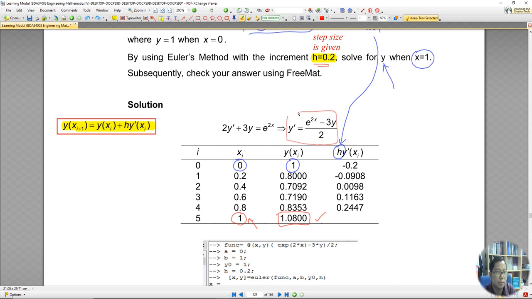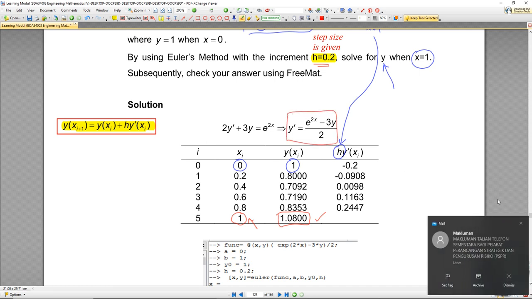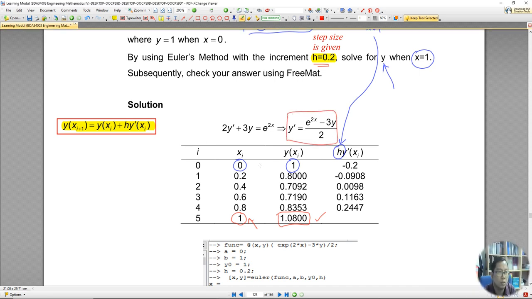From this equation, we substitute x equal to 0 and y equal to 1, and then multiply by h, which is 0.2, and we get minus 0.2.